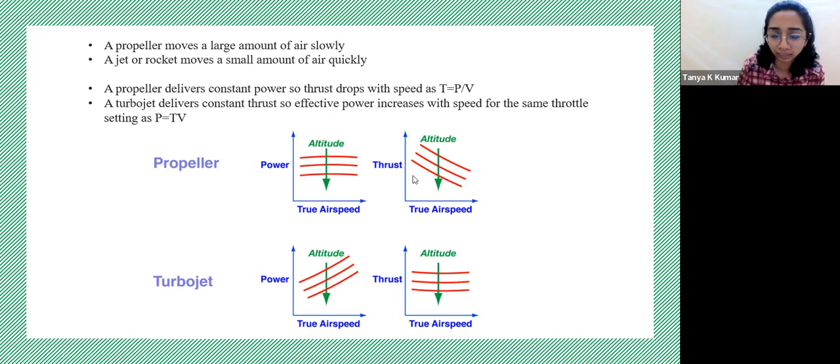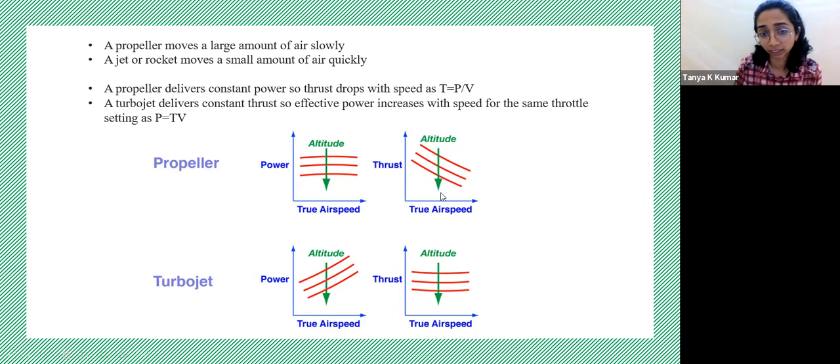This is seen in the graphical representation here: for a propeller, the power it produces remains relatively constant with velocity and decreases with altitude, whereas in the turbojet case, the power increases with velocity. The equation is the same, P equals TV, but when each of those parameters is held constant, the variation with velocity can be observed.